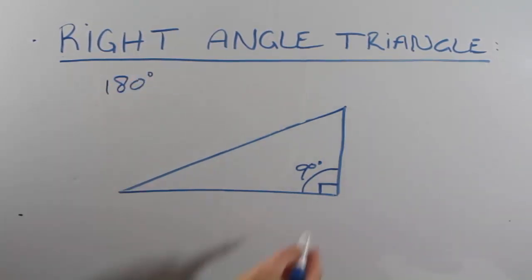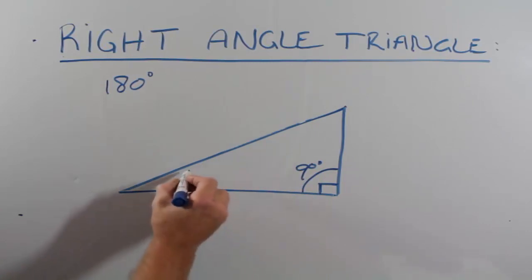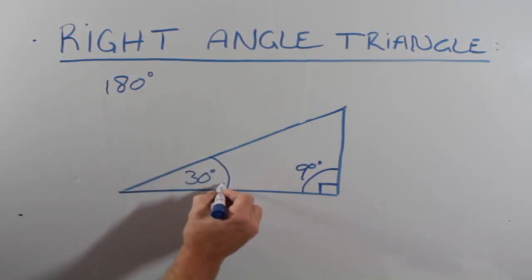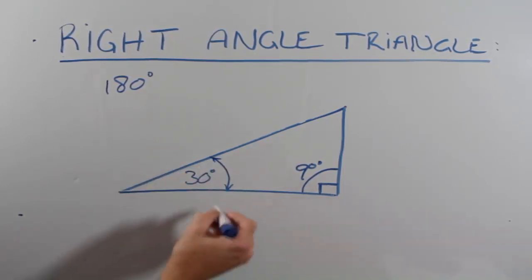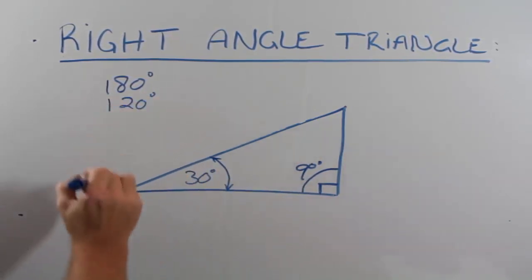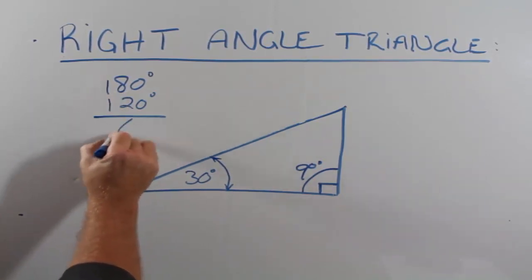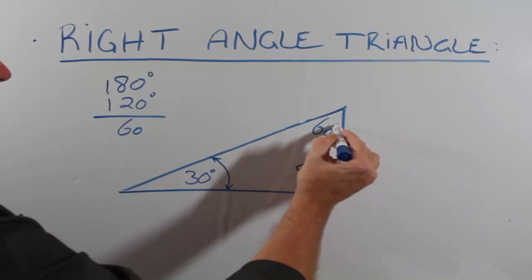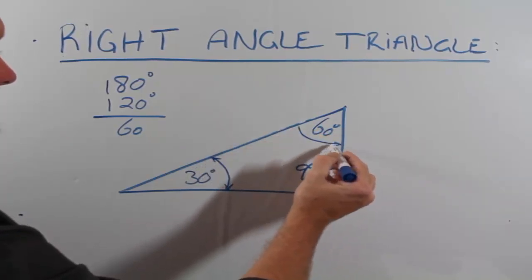So we already have 90, and let's say that this corner is 30 degrees. That means we have 30 and 90, so we have 120 so far. So that means we have 60 left, so that automatically means that this corner is 60 degrees.